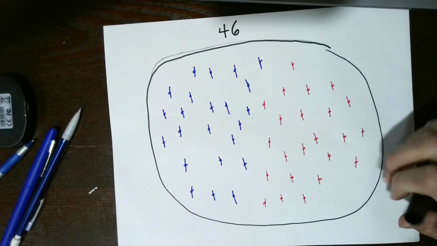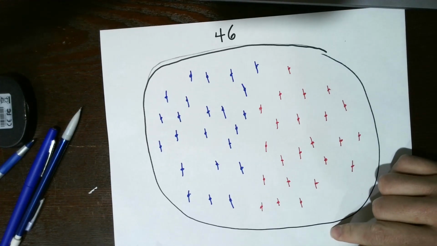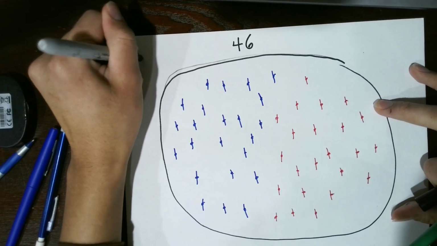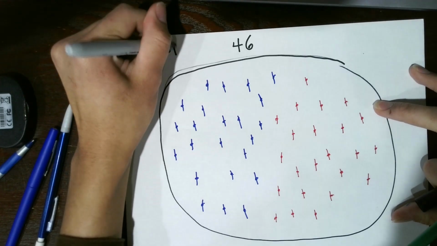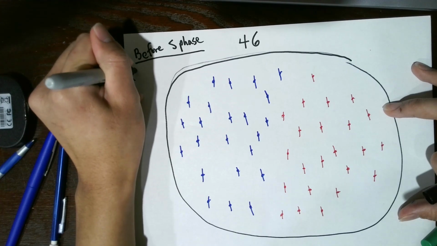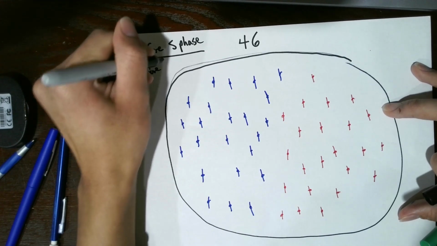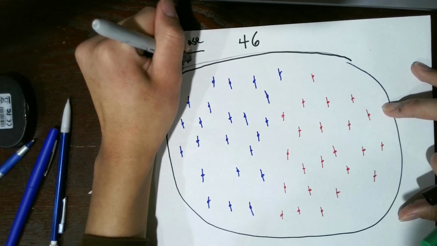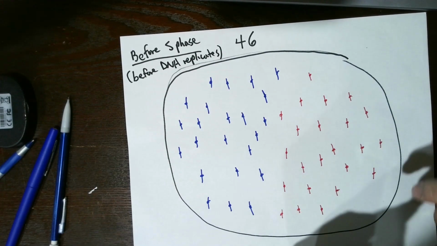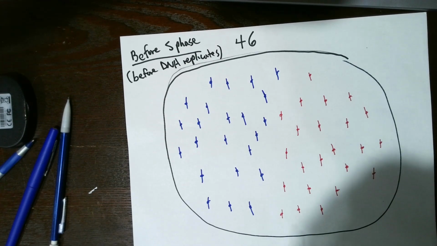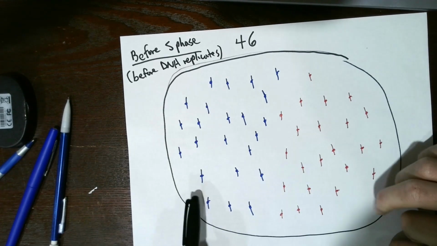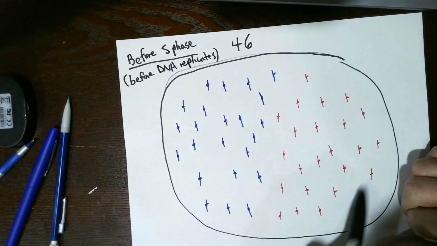Now, this is what our genome looks like before the S phase, which means it's before the DNA replicates. So if you notice here, we have 46 chromosomes. Some of them are in blue and some of them are in red.